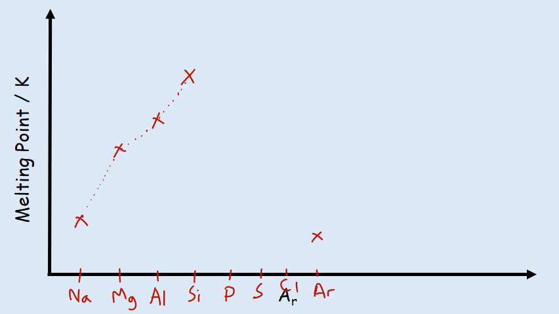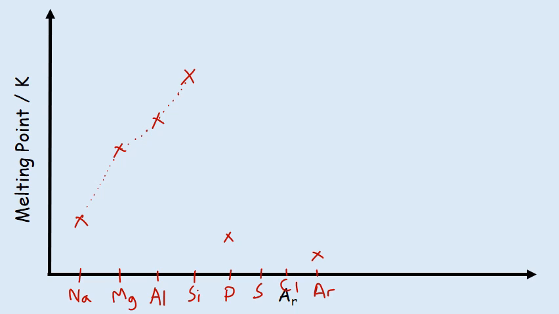Now phosphorus, I'm going to drop this one down a little bit just to give me some room to play. We have a massive drop from phosphorus. It drops below sodium, but not below argon, so that's going to come just about here. It's below sodium, but above argon.